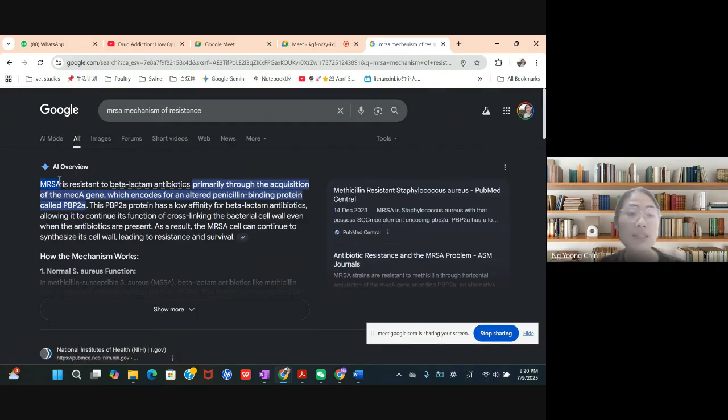This MRSA refers to a kind of bacteria known as Staphylococcus aureus. The name is quite long, just similar to the penicillin fungi. It's a kind of bacteria that is resistant to beta-lactam antibiotics. Beta-lactam is just a kind of antibiotic. So it means the bacteria cannot be killed by the antibiotic because they have already developed resistance to it.